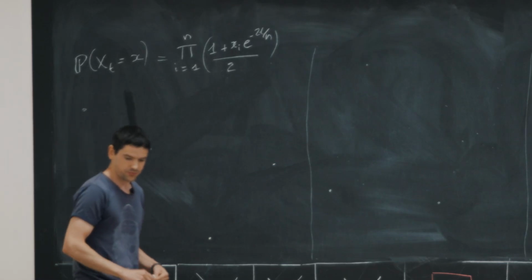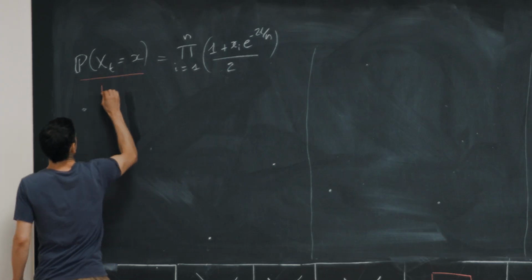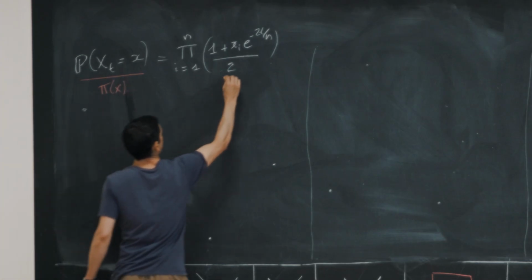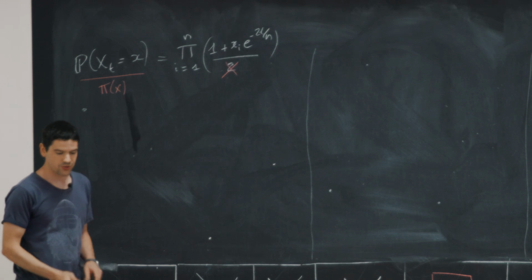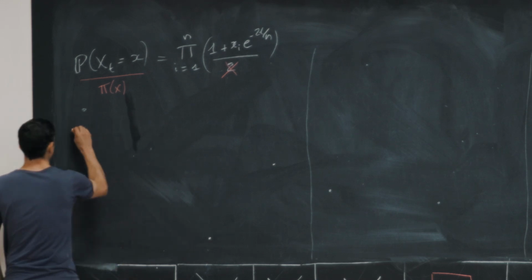Maybe just to normalize this: if you divide this by the stationary measure, it's the same as just removing these two. And we'll use it. Okay, so this is completely explicit, so you can compute the total variation distance to equilibrium now.